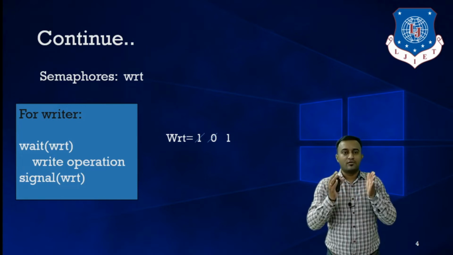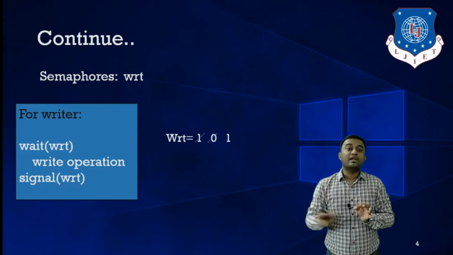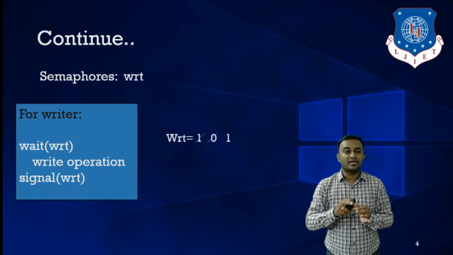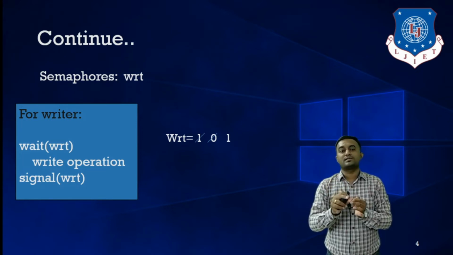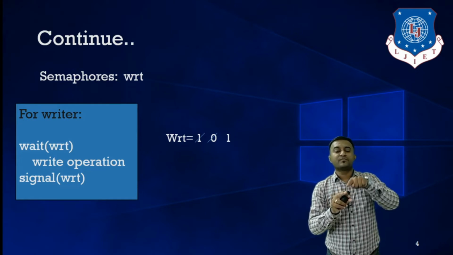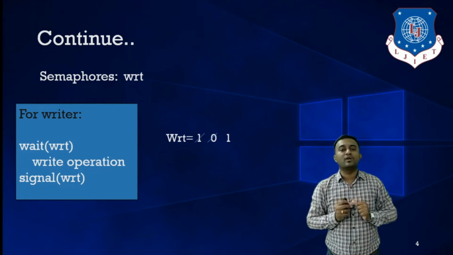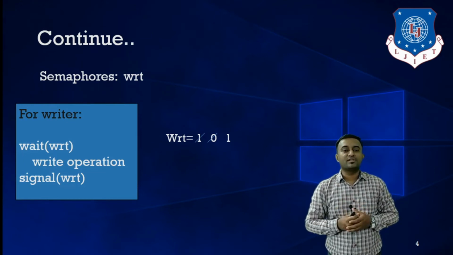So we need to achieve mutual exclusion in such a way that if a writer is allowed to enter into the critical section, at that time no other reader or writer can enter. Let us discuss how we can solve these issues with the help of this code.